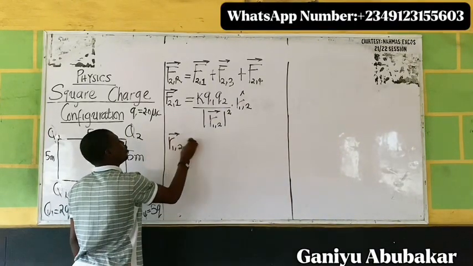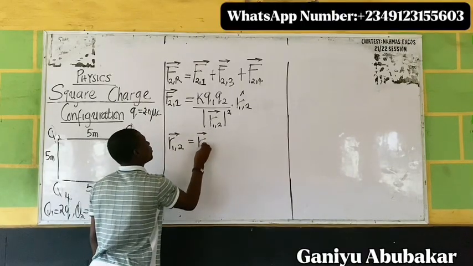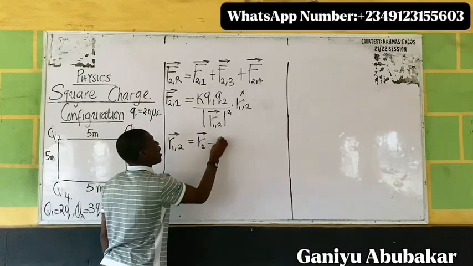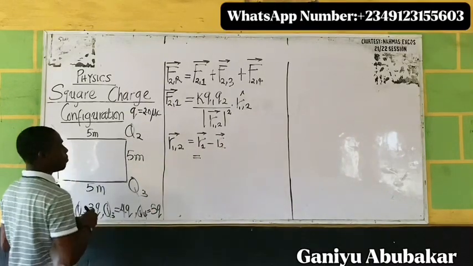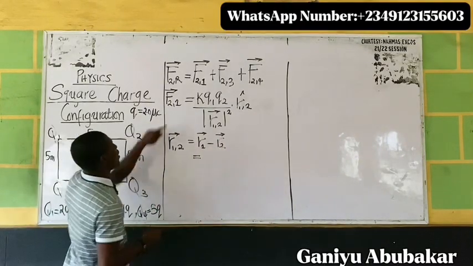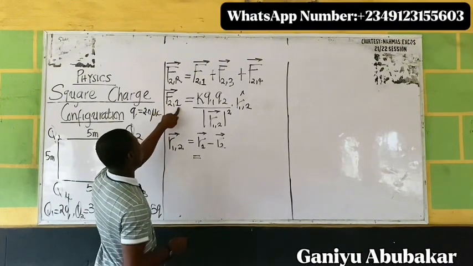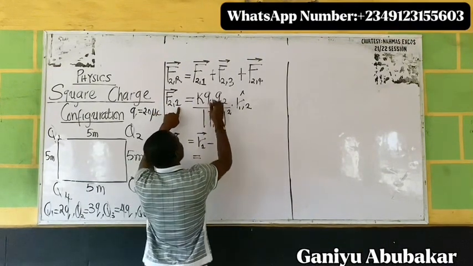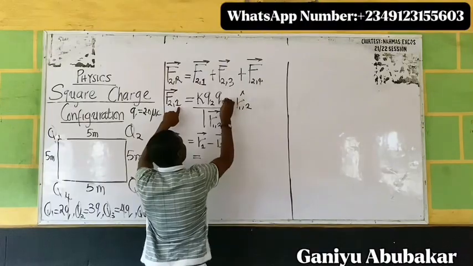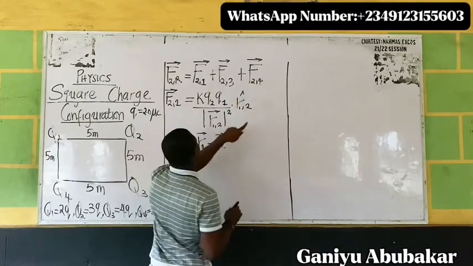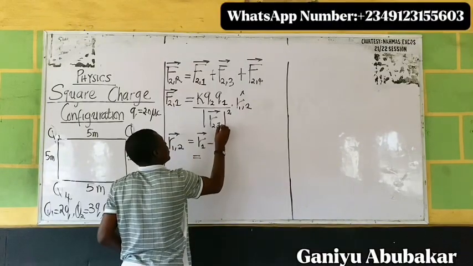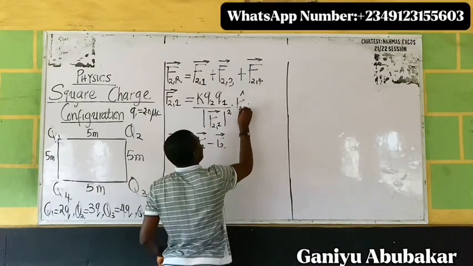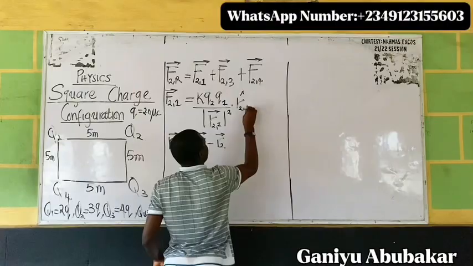R12 is equal to R1 minus R2. For F21, that becomes Q1 all over R21, since it is the 2-1 arrangement.